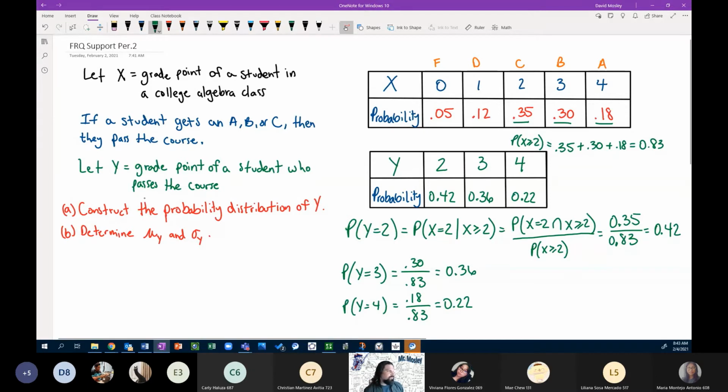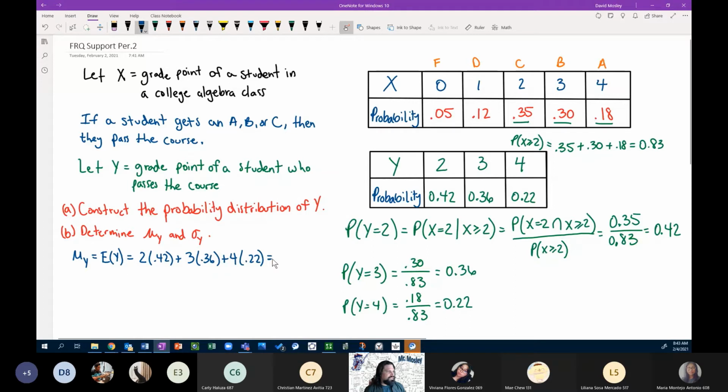So we have to do all the math, which means to find the mean of y, we find the expected value of y, and that's equal to the outcomes, right? So outcome of 2 times the probability of getting a 2 plus the outcome of 3 times the probability of getting a 3 plus the last possible outcome of a 4 times the probability of getting a 4.